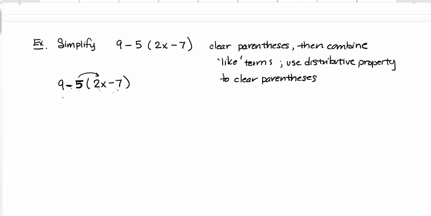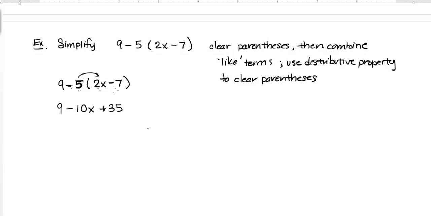When I distribute, my 9 stays the same. Negative 5 times 2x gives me a negative 10x. And then negative 5 times a negative 7 gives me a positive 35. It's important to keep that sign there, so it's plus 35.